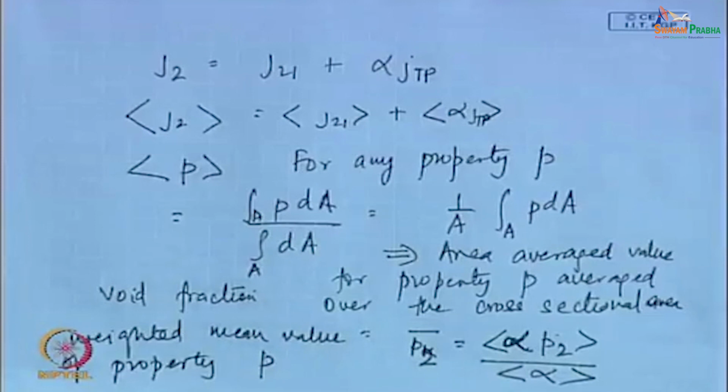So, therefore, this particular property, considering the effective area over which it is divided, the previous one was over the total area. This is the effective area over which it is distributed or divided. So, that particular effective area is considered, and from there we get the void fraction or the weighted mean average property of any particular parameter.